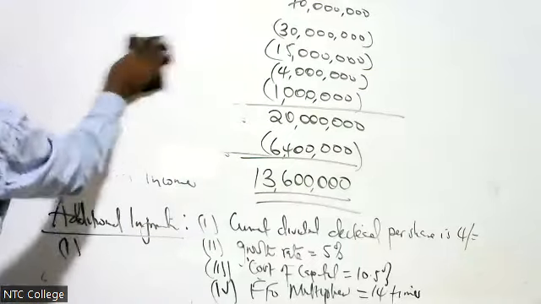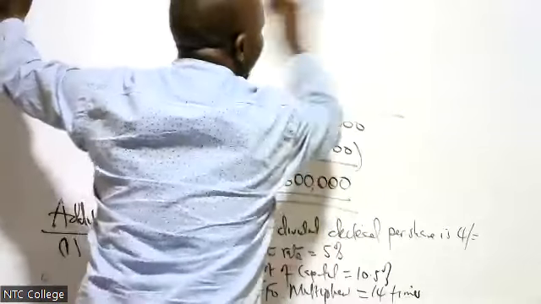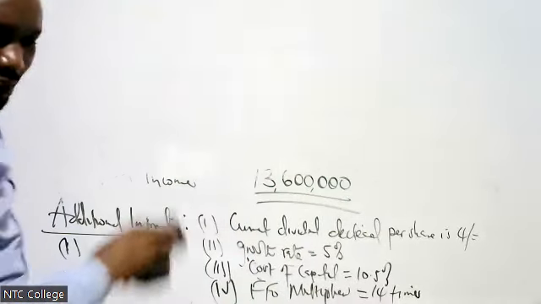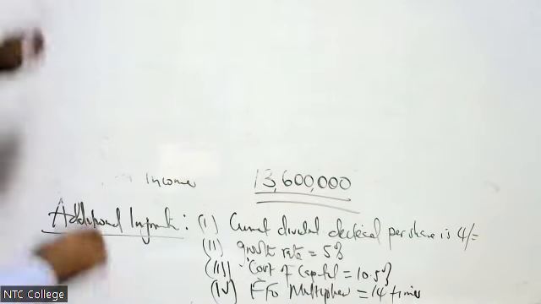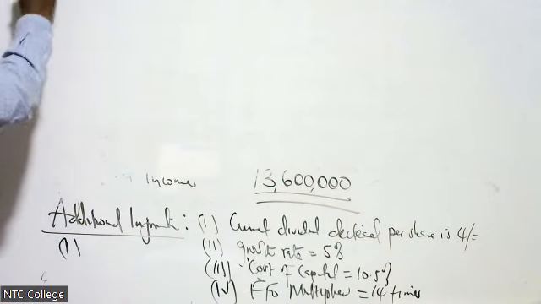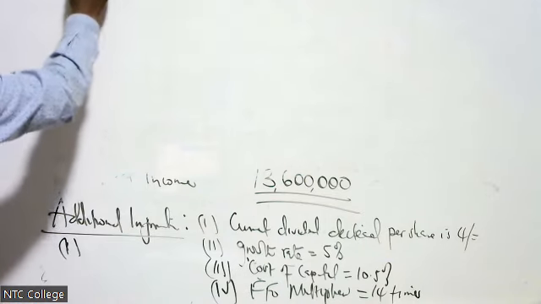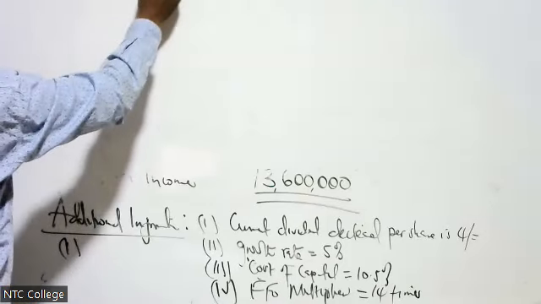The first requirement is to calculate EPS for the company. Determine the EPS for the company. We need to know the EPS. So EPS basically means earning per share.